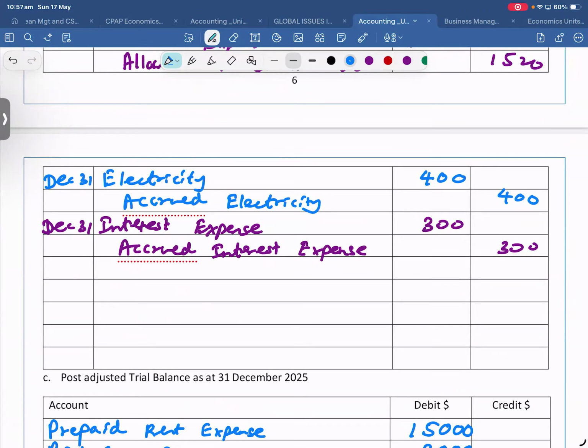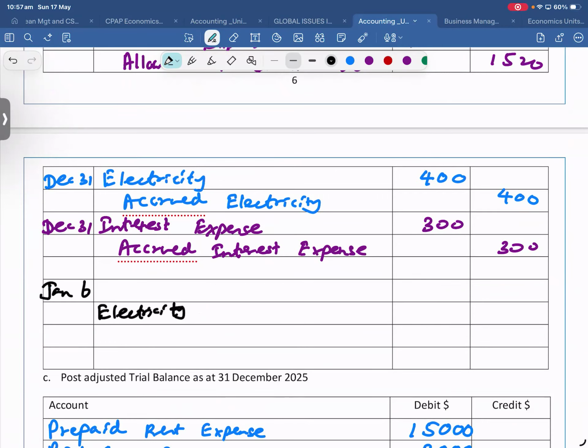January 6th, guys. I'll use a different one. January 6th. Right? So you are going to debit which accounts? Electricity expense. Electricity is debited. How much? How much is debited in electricity?